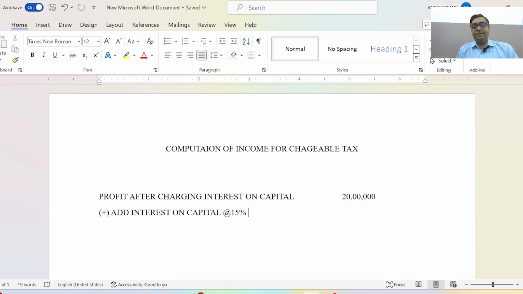This amount is 15%, that is 2,50,000. But the maximum allowed interest rate is only 12%.